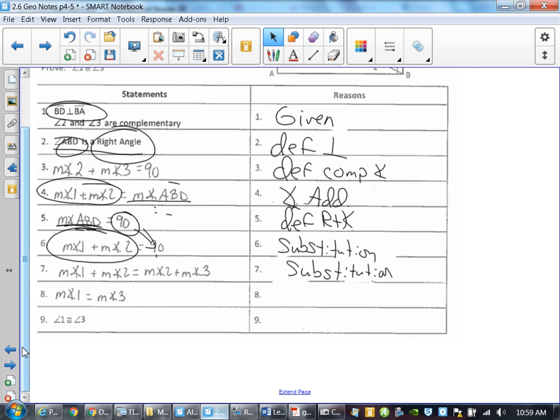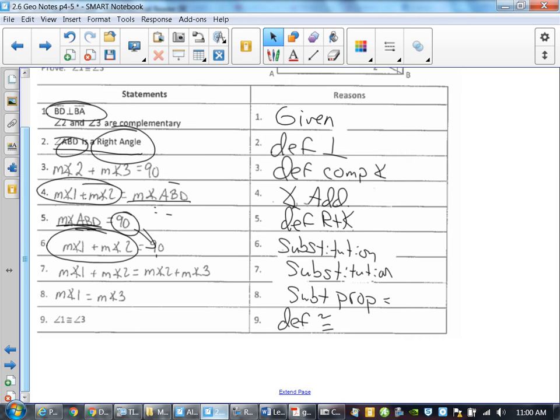Simplify. Very good. Subtraction property of equality. The 2's dropped out. And last but not least, definition of congruency. Way to bring up the back there. Okay? So these are the things that we worked through.